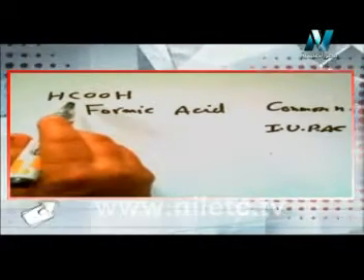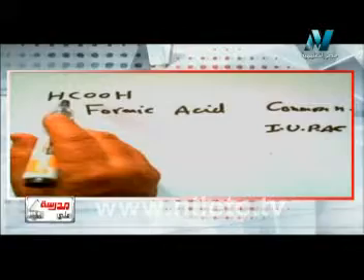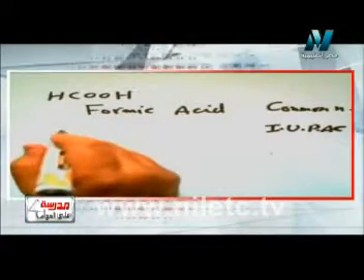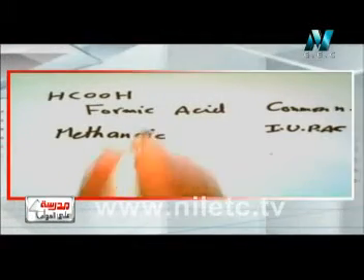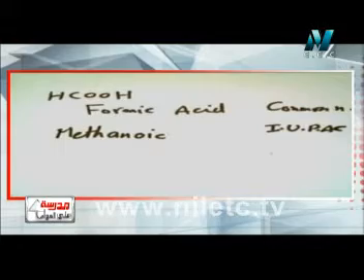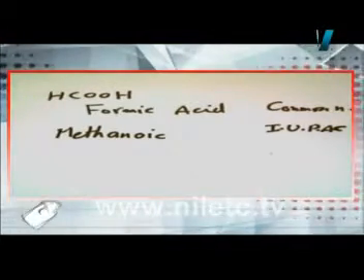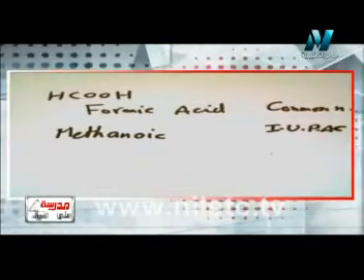This compound contains one carbon. The alkane which contains one carbon is called methane. We replace the E by OIC, so it is called methanoic. Methanoic is the IUPAC name of formic acid.